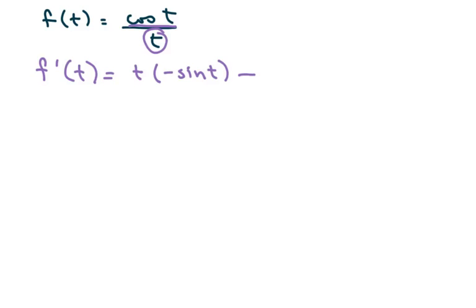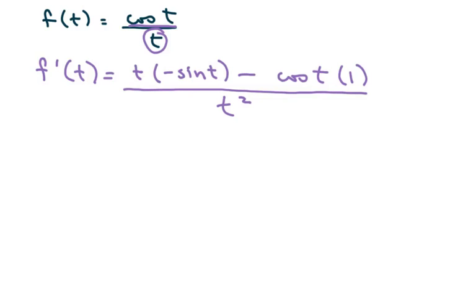Then subtract, and we're going to write cosine of t, and the derivative of t is just 1. And then you take the denominator and square it. So when you clean this up, you're going to get negative t sine of t minus cosine of t over t squared.